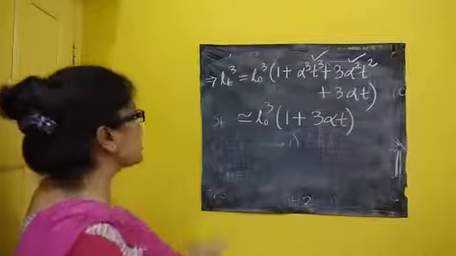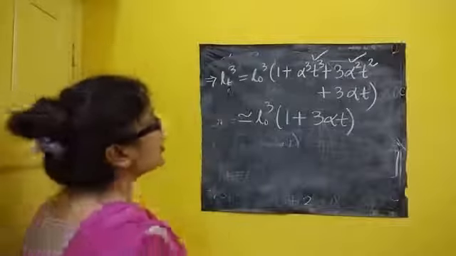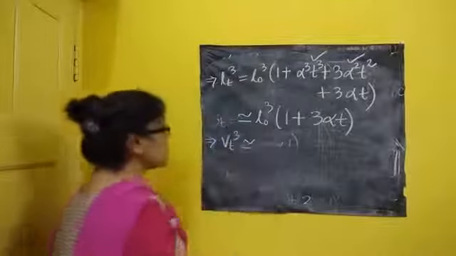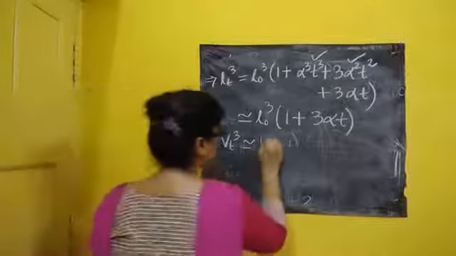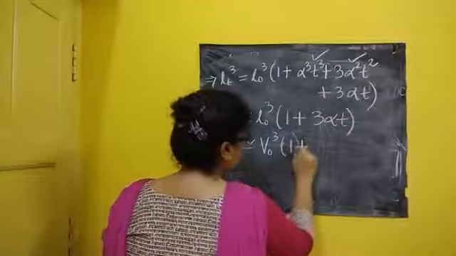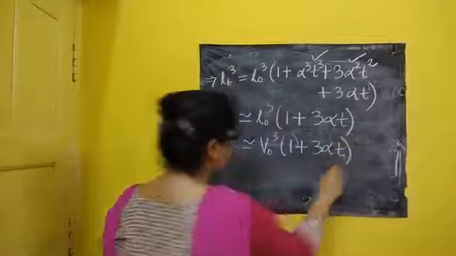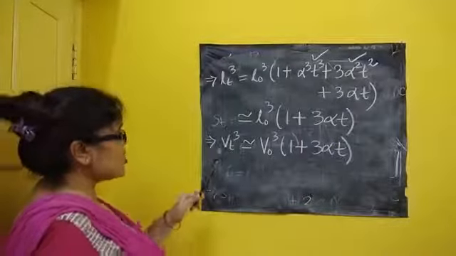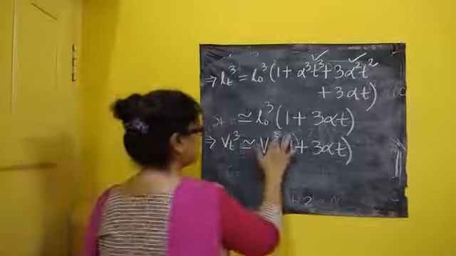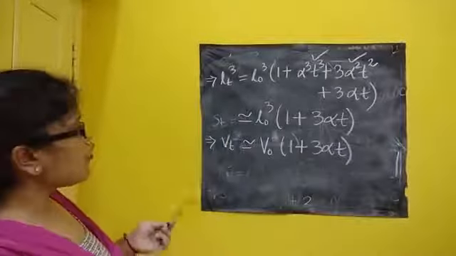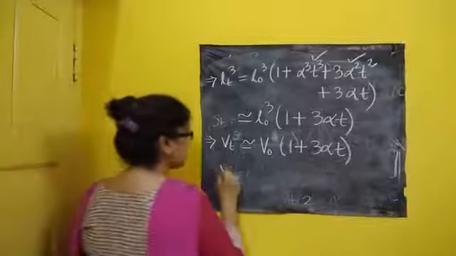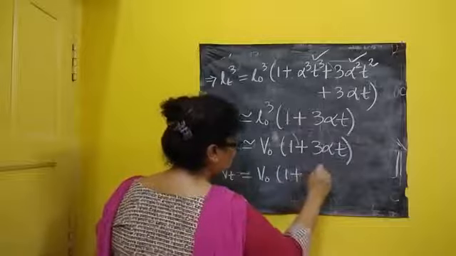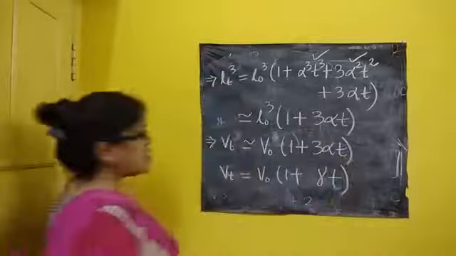Already I had considered that Lt cube is equal to Vt. So in place of Lt cube I put Vt, and in place of L0 cube I put V0, into 1 plus 3 alpha t. I think no confusion. Now, from the coefficient of volume expansion, I already know that Vt equals V0 into 1 plus gamma t.